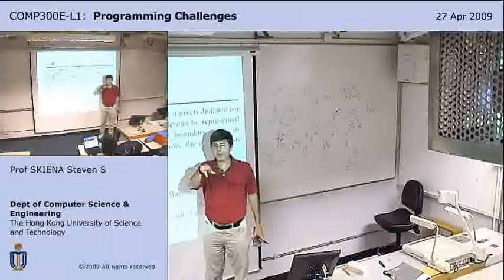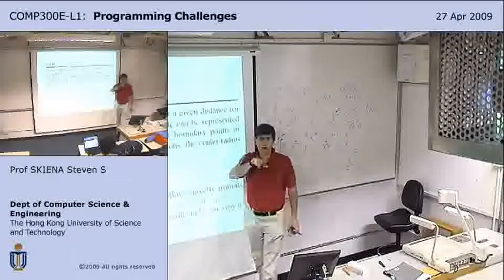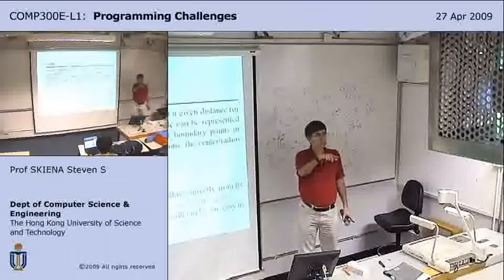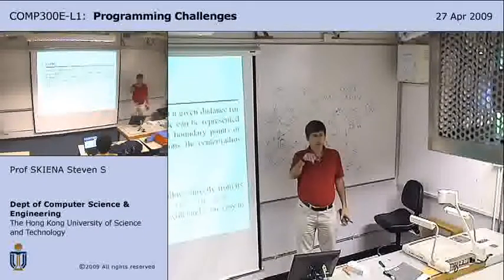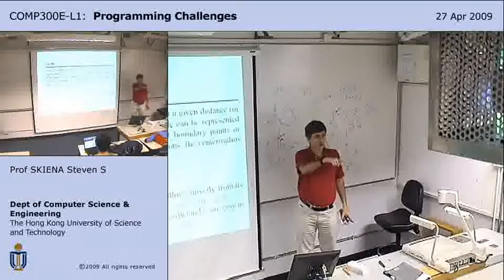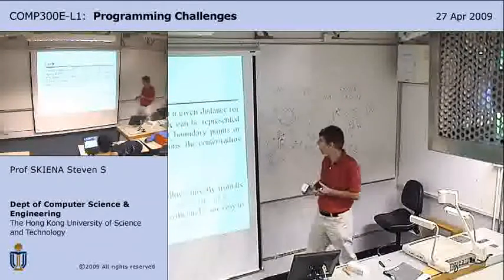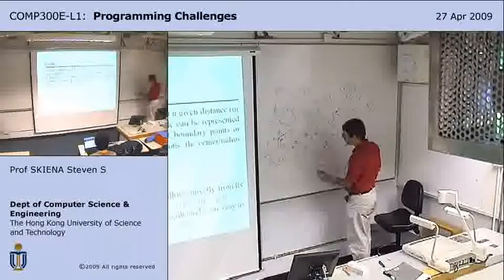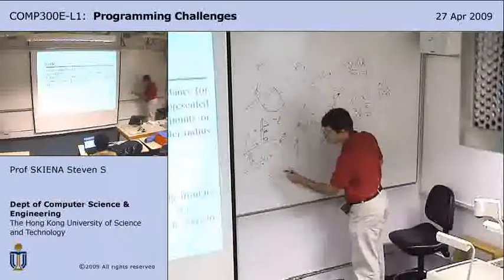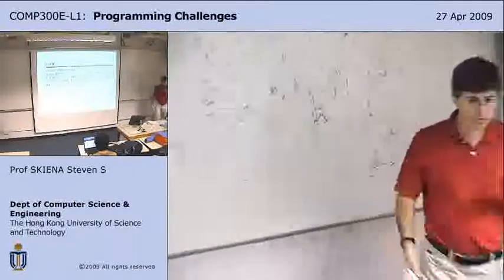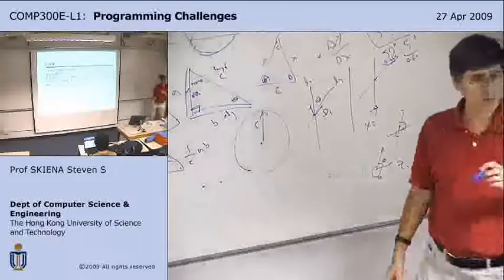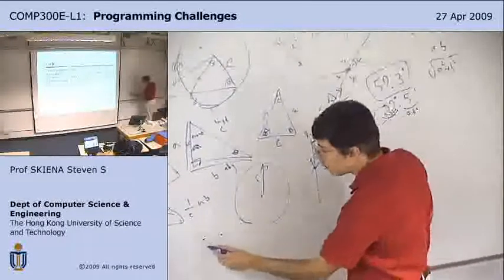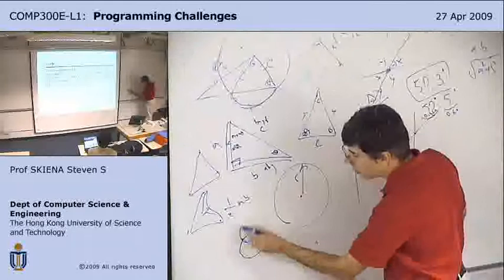Are there any other representations of a circle that people can think of that might be interesting or useful? What's yours? So one possibility is, do 2 points suffice to represent a circle? The answer is no. You can squeeze through many circles from this.